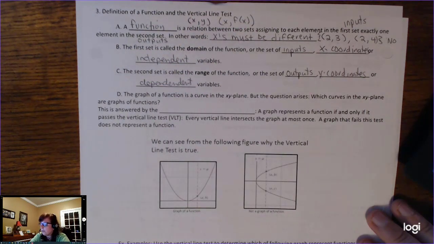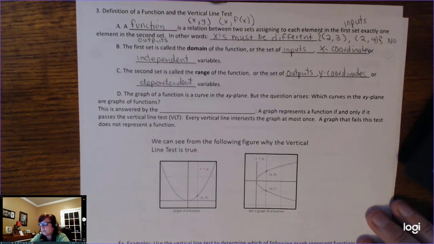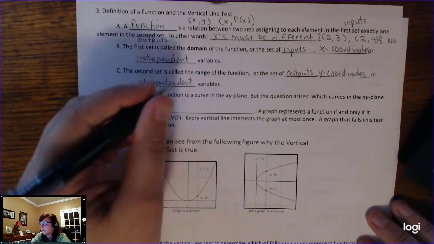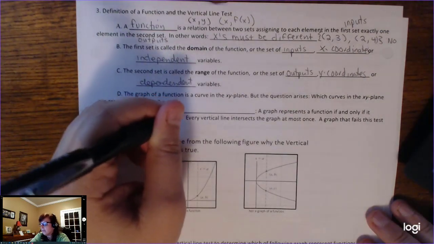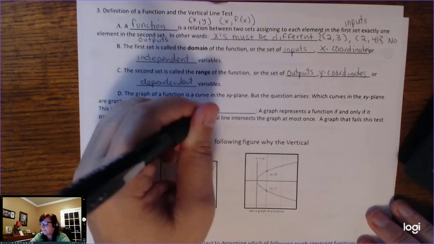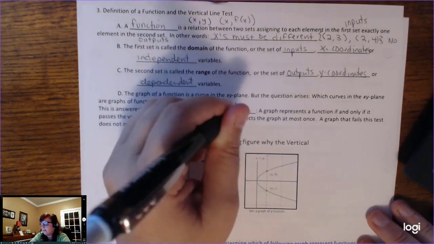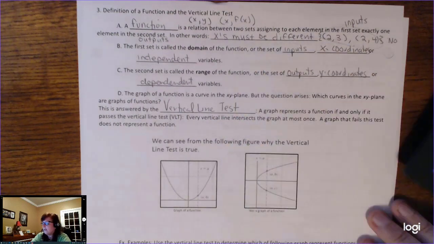Okay, so now the graph of a function is a curve in the xy plane. So we've been looking at functions, but the question arises, which curves in the xy plane are graphs of functions? The easiest thing to do is to use the vertical line test. It's a way of testing this idea here.